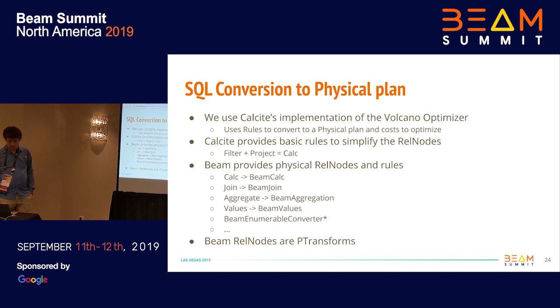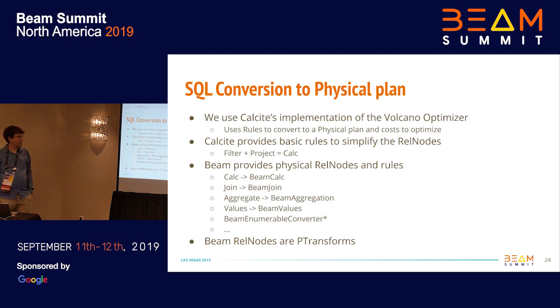So Calcite applies a bunch of rules to optimize the plan. The biggest one is that filters and projects are merged into a single calc rule, which is actually what gets fed into the code gen. Join gets converted to a Beam join, which is our own implementation of how to convert a join to whatever underlying Beam construct we want to use.